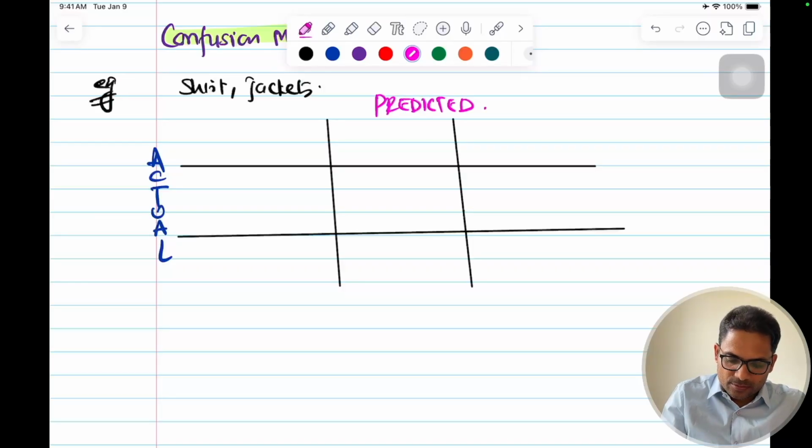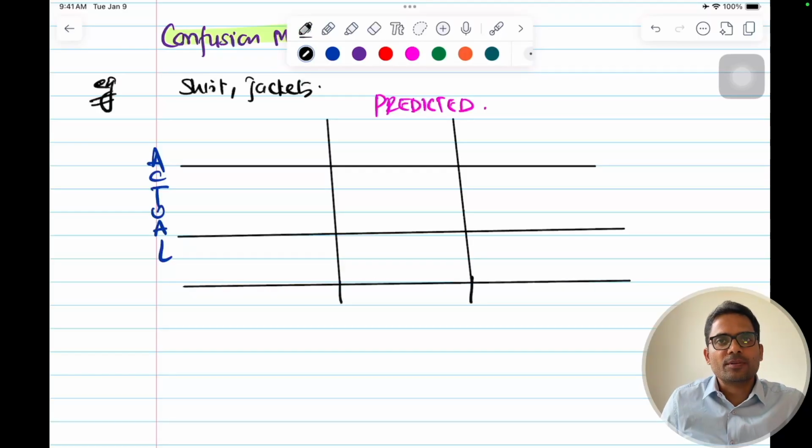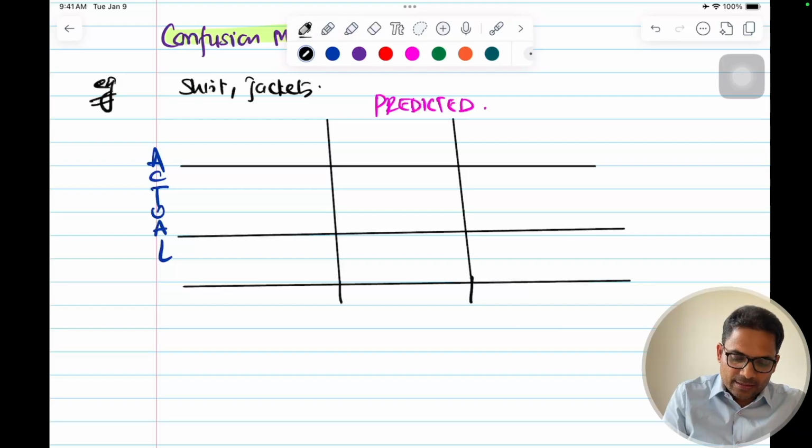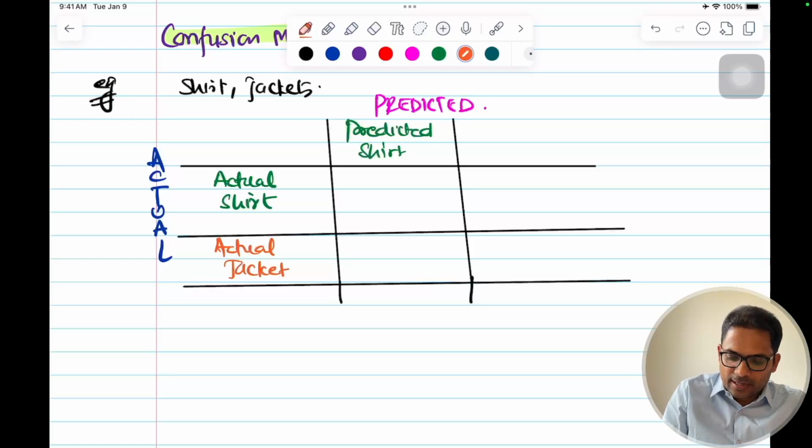So we have the actual image of a shirt, and here is the model's prediction: the model predicted this as a shirt. And here we have, for example, an actual jacket, and the model predicted it as a jacket.